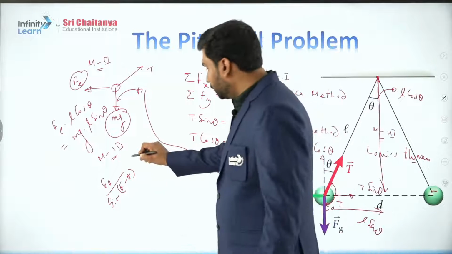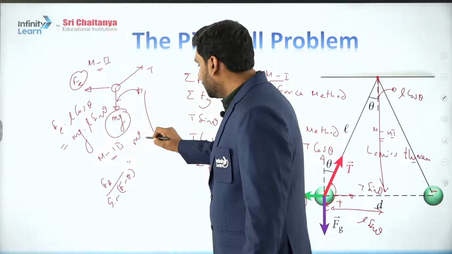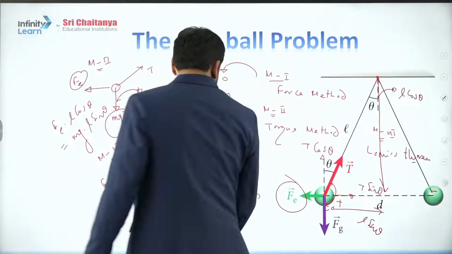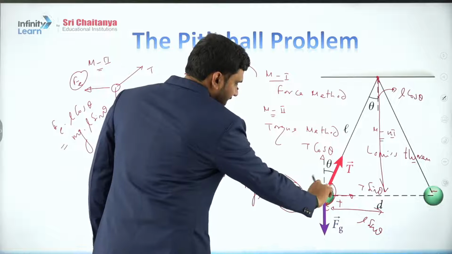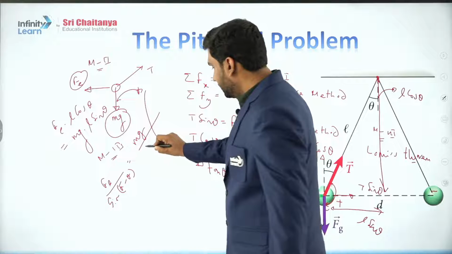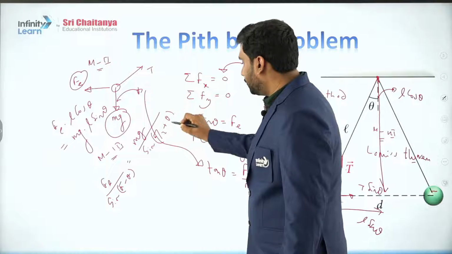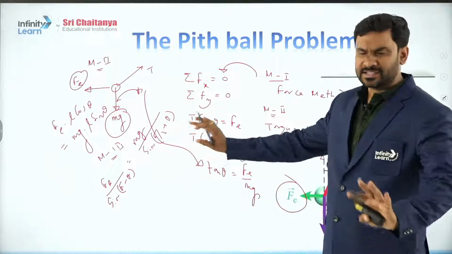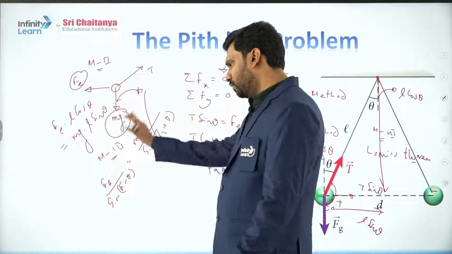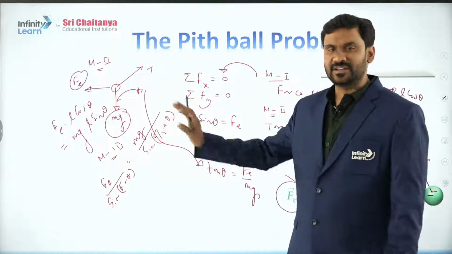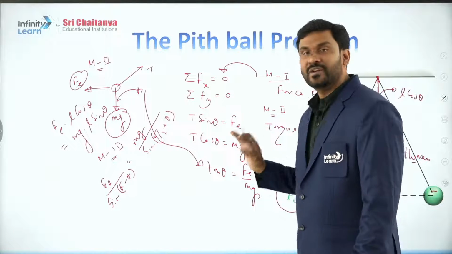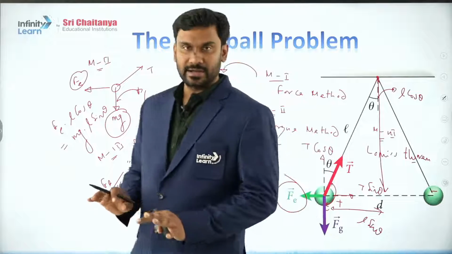That should be equal to mg by, what is mg here? This is mg. This angle is pi by 2 plus theta. So I will write sine of pi by 2 plus theta. If you calculate, similar calculation will be followed. I do not want to crowd up the space more. This is very simple calculation. You will get tan theta equal to Fe by mg. Same answer you will get, right?